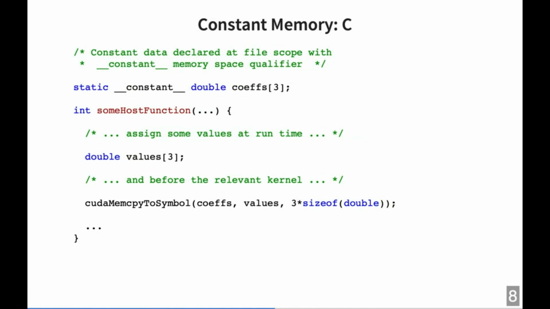Okay, here's this second type of memory. This constant GPU memory can be useful in some circumstances. Here's the C example.